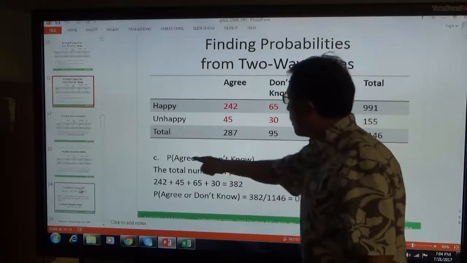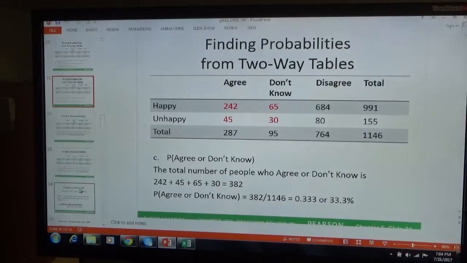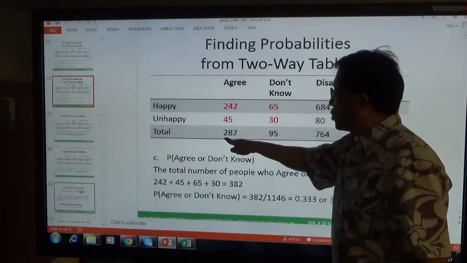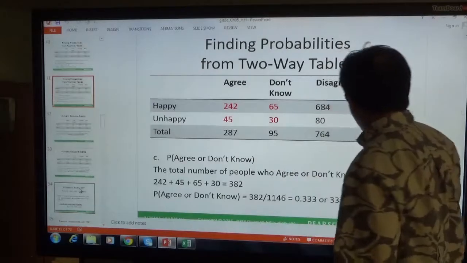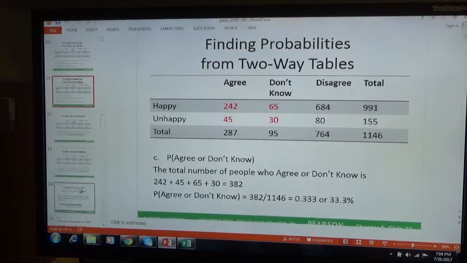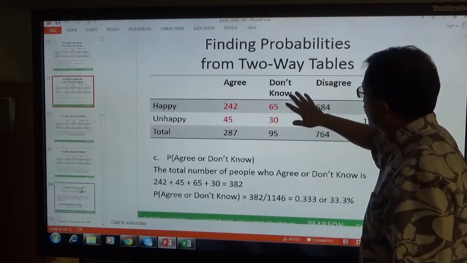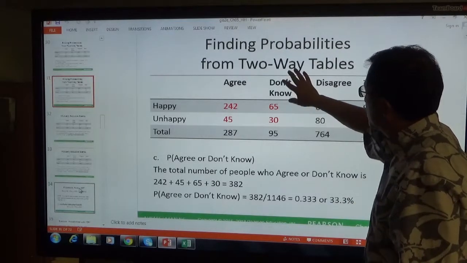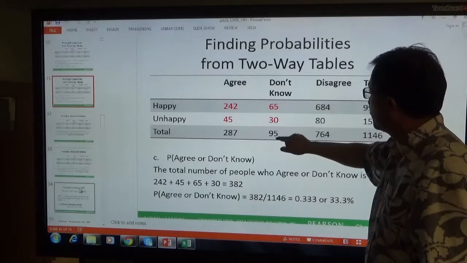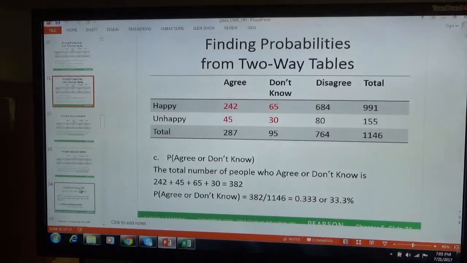What's the probability of agree, randomly selecting from this table? Agree is 287 divided by 1146. And the probability that the answer is don't know is 95 over 1146.